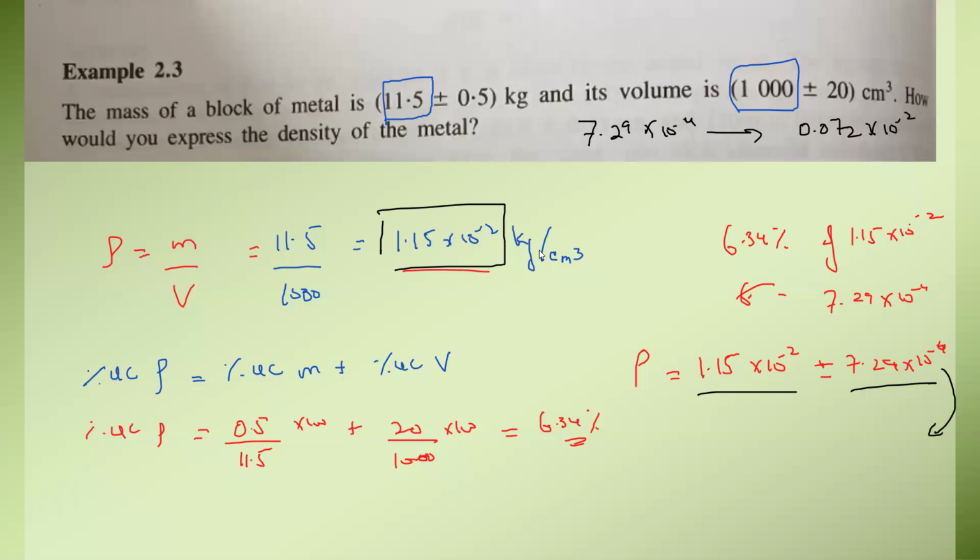Is it clear? Because 7.29 into 10 to the power minus 4 means it is divided by 10,000. So what I can do is represent my data as 1.15 plus minus 0.07, because this is 2 decimal places, so I will just use 2 decimal places into 10 to the power minus 2.